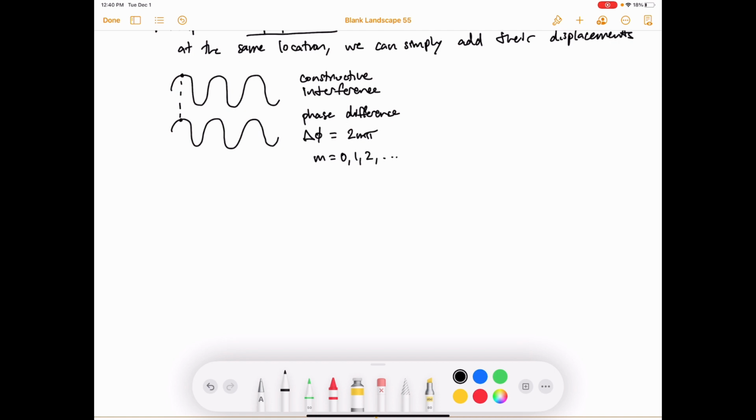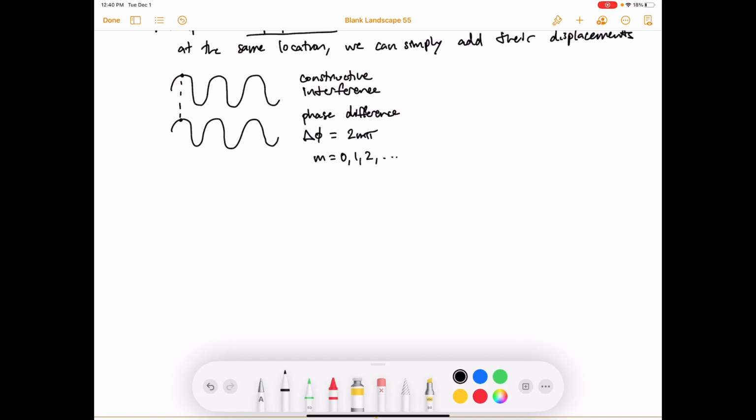If we plug in m equals 1, we get 2 pi. So if the phase difference is 2 pi, the peaks still line up in the exact same way we showed before, because if you add a phase of 2 pi, you don't really change anything. Same with m equals 2. You get 2 times 2 times pi, or 4 pi, which again would still give you constructive interference. So this is the most general way of stating the condition for constructive interference.